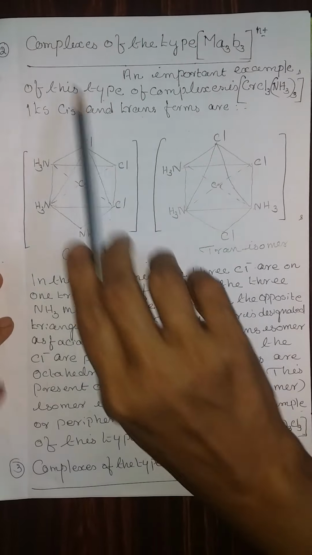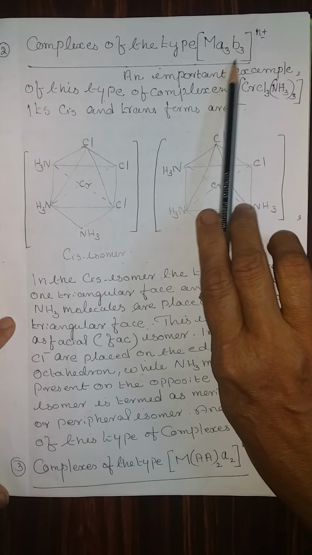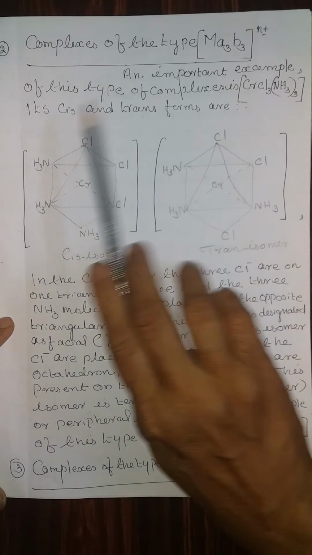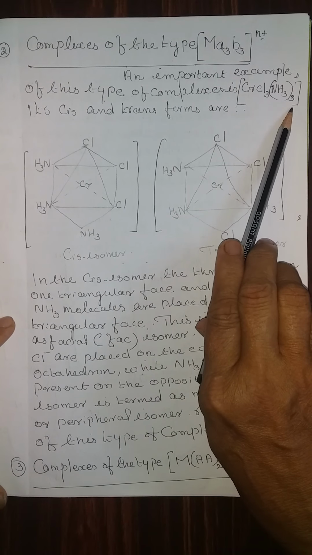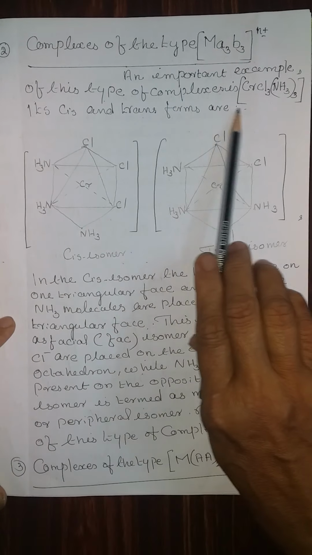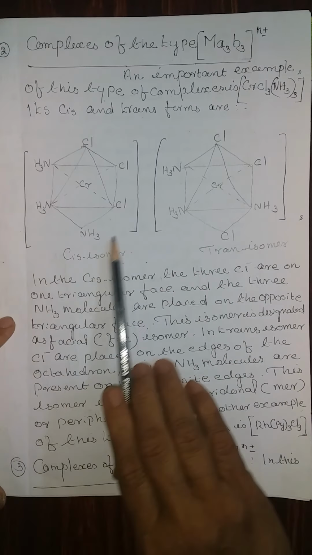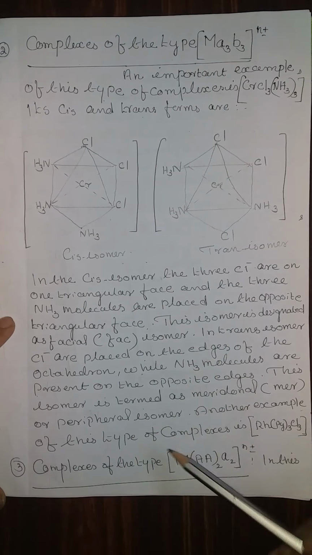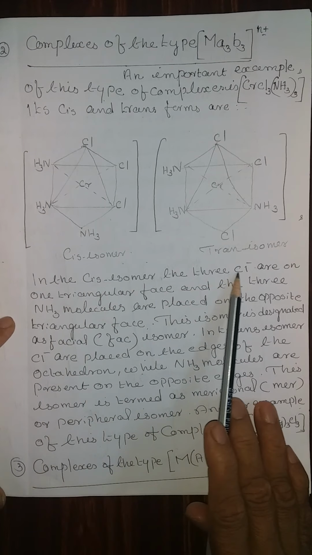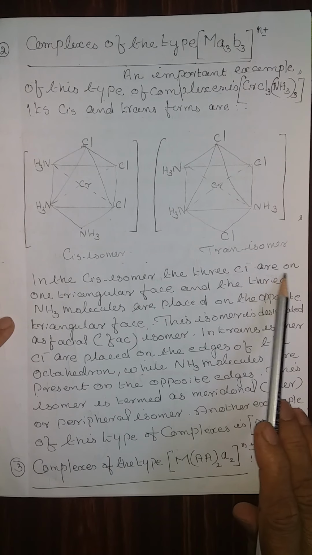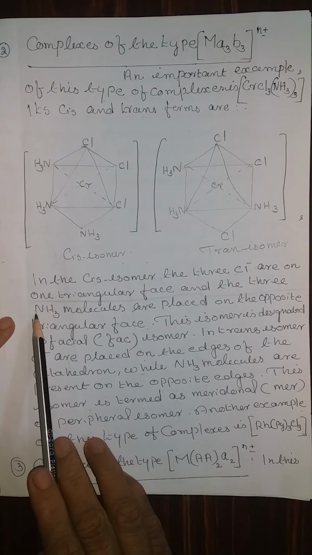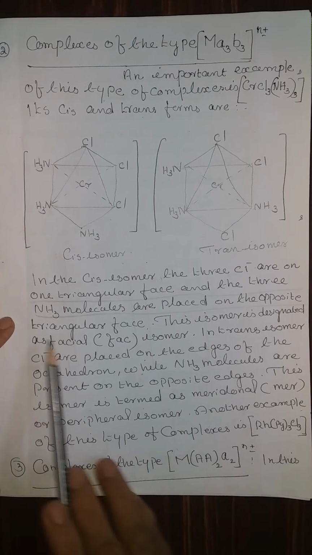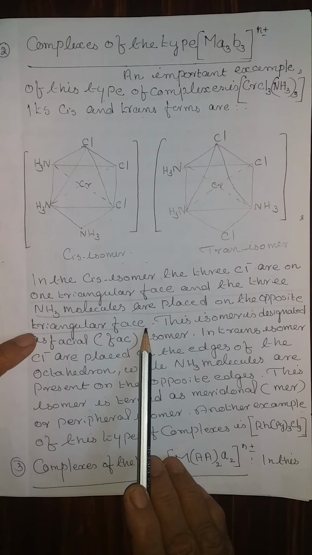Second type is complexes of the type MA3B3. An important example of this type of complex is [CrCl3(NH3)3]. Its cis and trans isomers are shown in the diagrammatic representation. The explanation is, in the cis isomer, the 3 chlorides are on the triangular face and the 3 NH3 molecules are placed on the opposite of the triangular face.